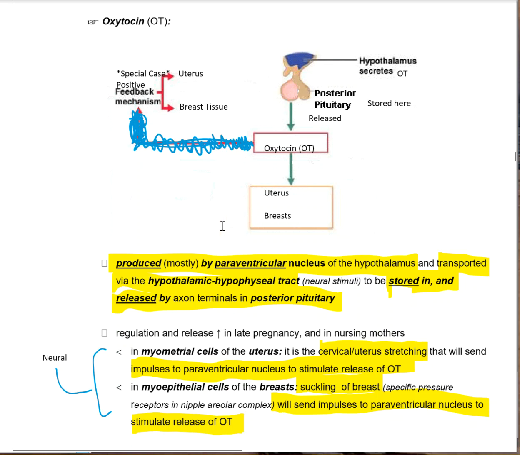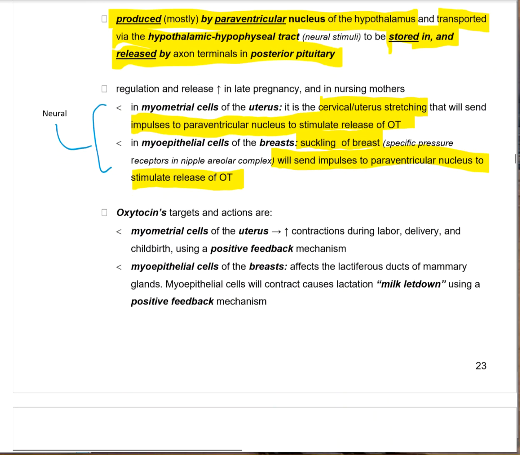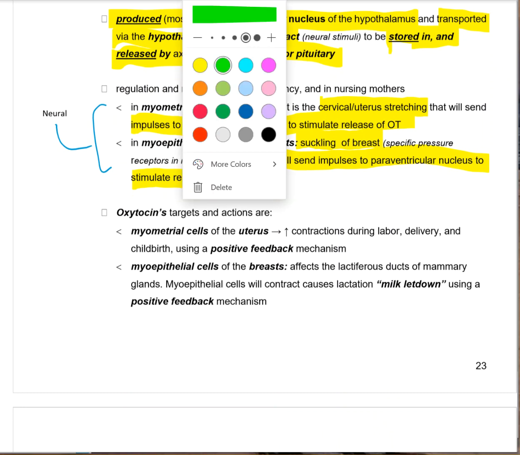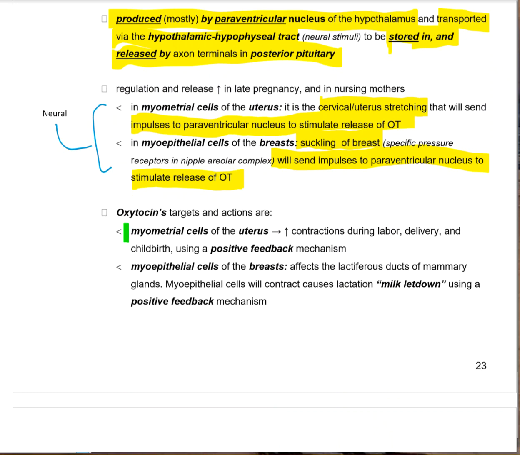And the two places that oxytocin will interact are also the uterus and the breast. So the target cells are in the uterus and the breast. So the myometrial cells of the uterus, myometrial, so muscle, so these are the smooth muscle cells of the uterus that increase contractions during labor, delivery, and childbirth.